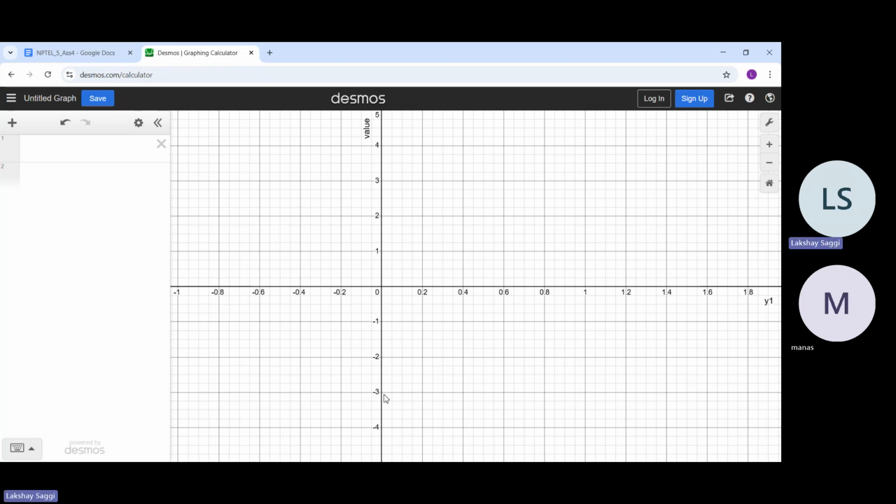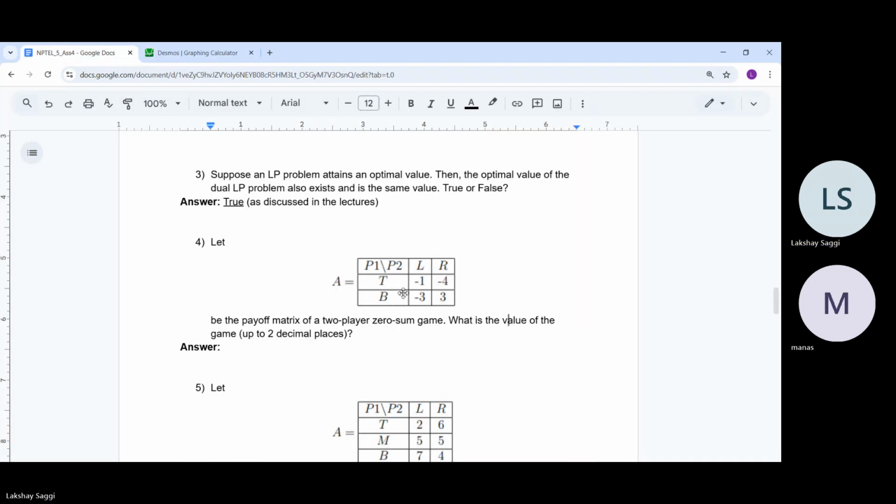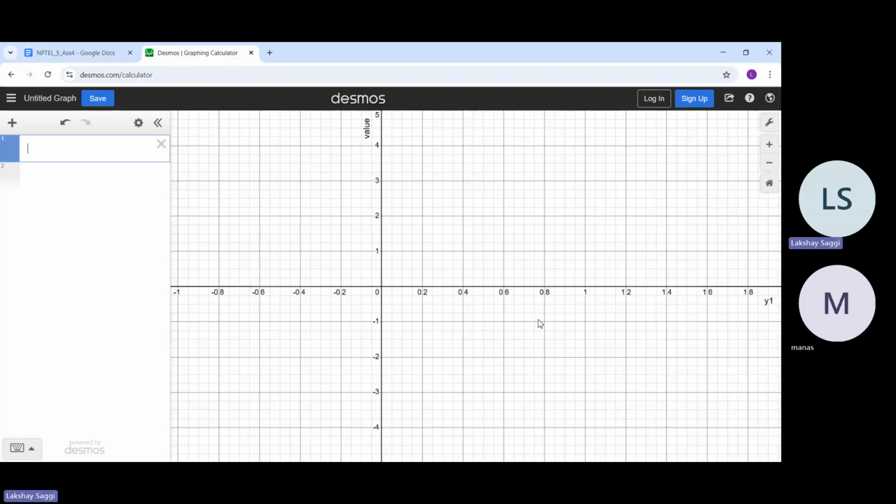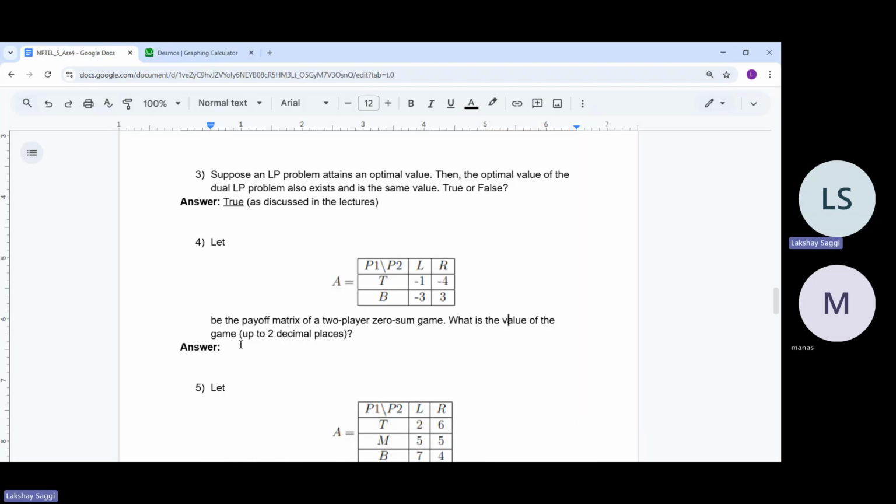So maybe we'll write it here directly. What we want is a line such that it goes through 0 comma minus 3, because the x-axis is y1, and it goes through 1 comma minus 1. So maybe I should write it here.